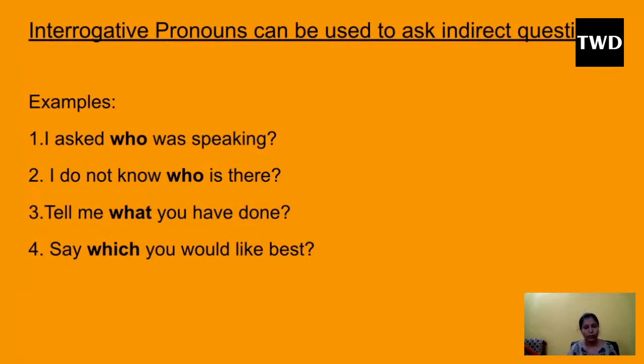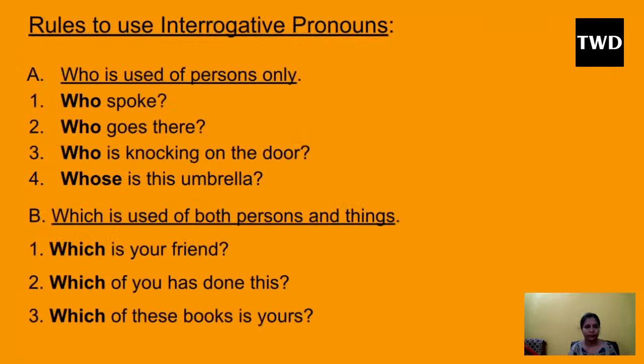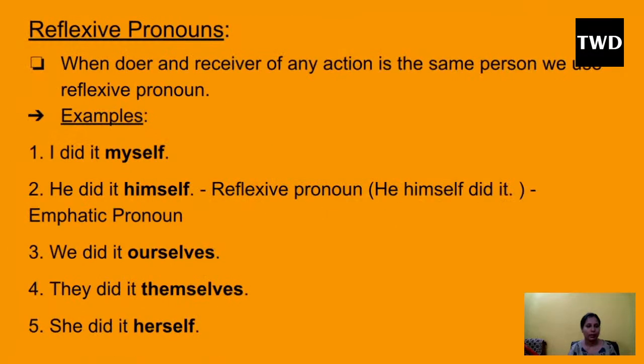I do not know who is there. Tell me what you have done. Say which you would like best. Can you see here, all the question words are in between the sentence, and so all these questions are indirect questions.